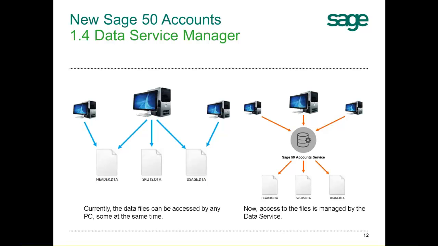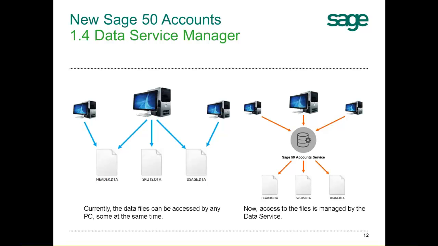Now, previously you would have had multiple PCs trying to access the same files at the same time. What the new Data Service Manager does, in a sense, is queue everything up for you. So each PC will try to access the files, and the data service will put them in order and manage the access to the files, making it more streamlined and secure. Now, the two new features that have been added within Sage 50 are managed by the Data Service Manager.